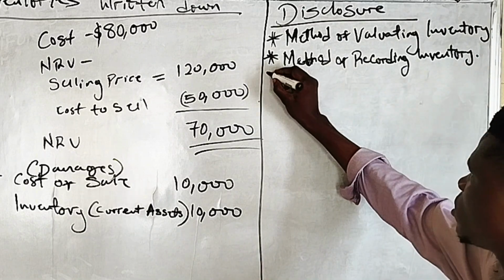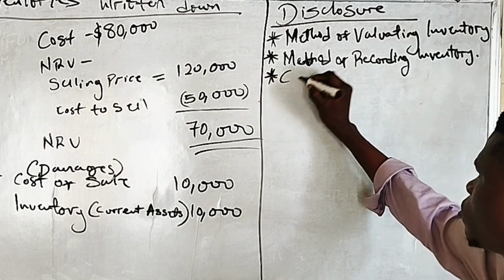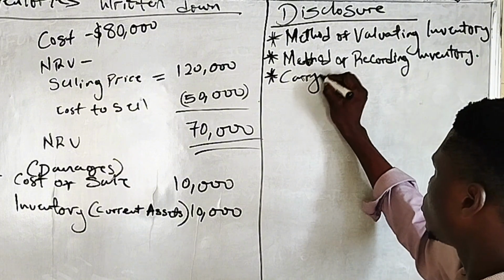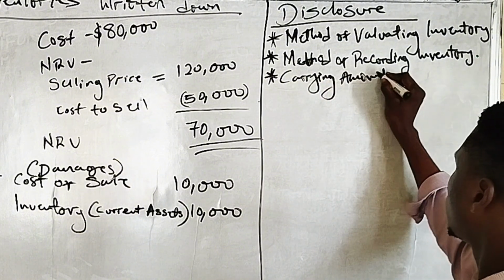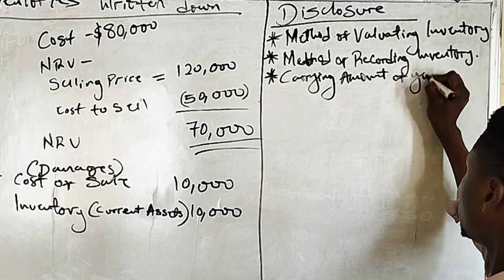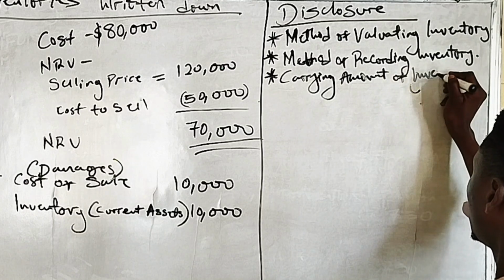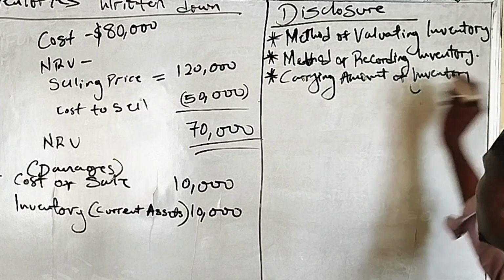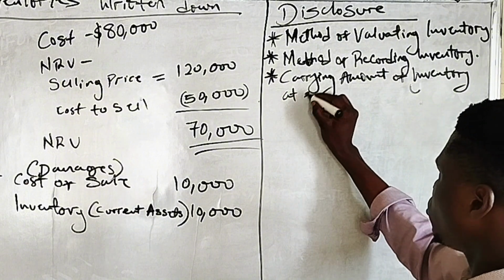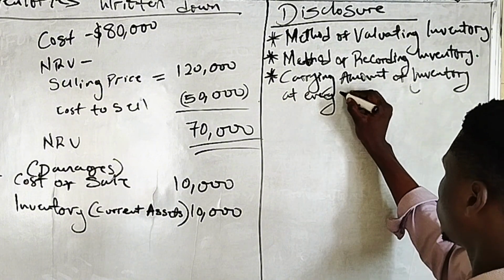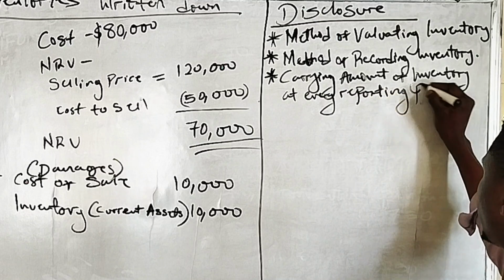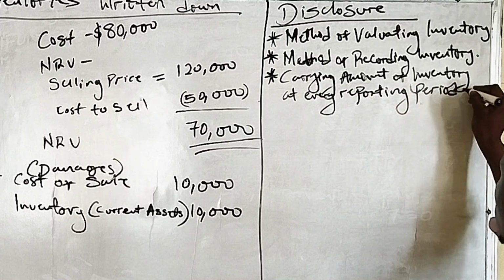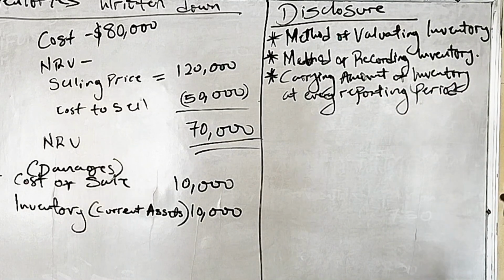Then you also must state the carrying amount of your inventory at every reporting period. So an entity must state the carrying amount of its inventory at every reporting period.